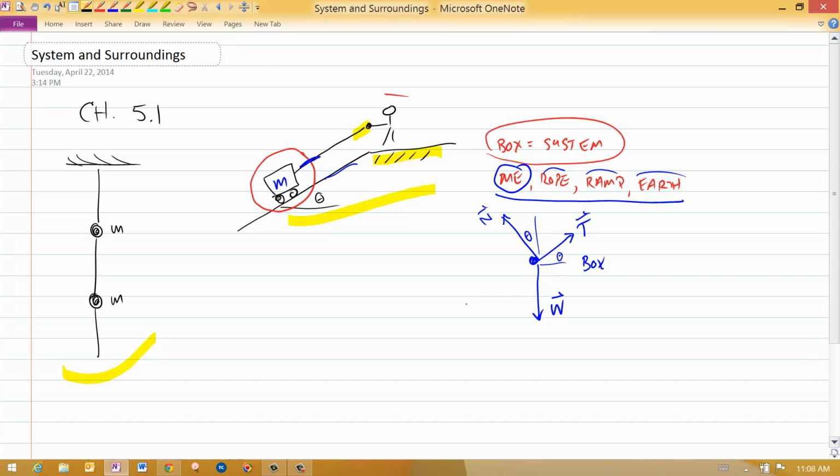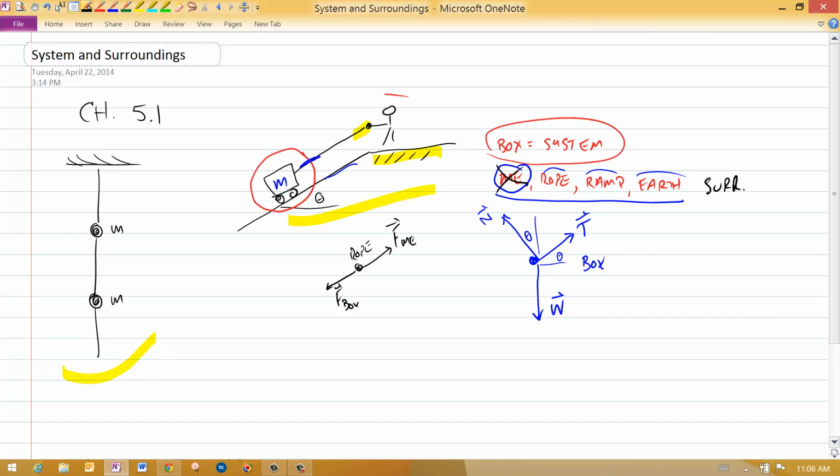So if I was going to make a system for the rope, it would be affected by a force from me, and I pull the rope upwards, but it would also be affected by a force downwards, a force from the box. And that would tell me how the rope moves. You only deal with the forces that are actually crossing the system boundary and are touching your system. So I do not put me. I am in the surroundings, but I'm a part of the surroundings that doesn't affect the system.